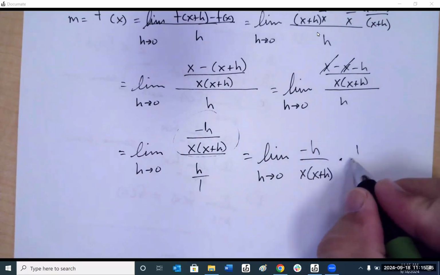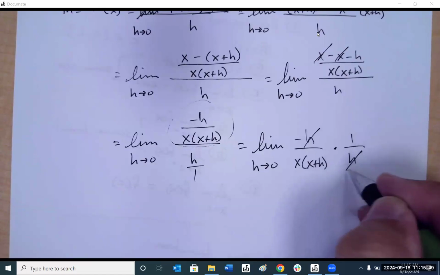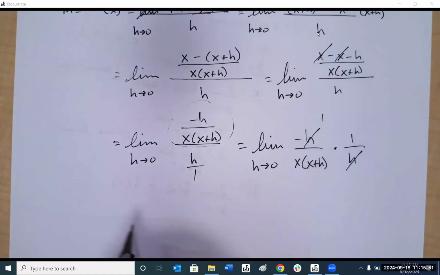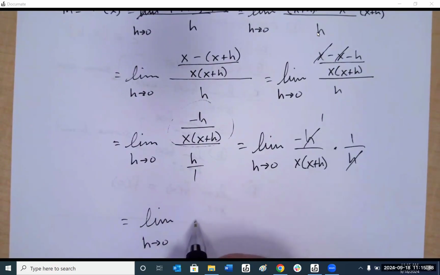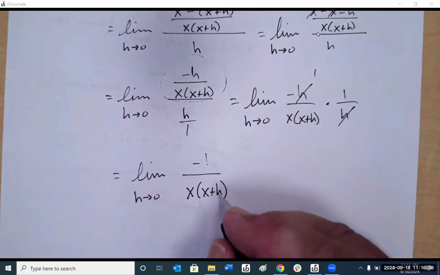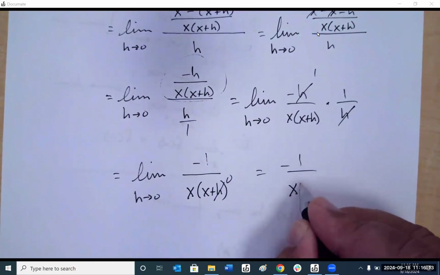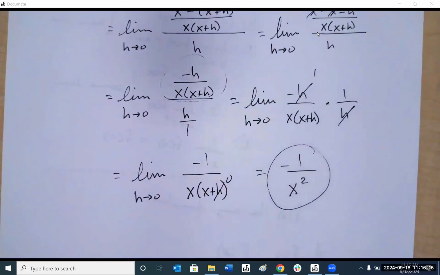Multiply by the flip of the bottom. Cancel. So we have negative 1 over x times x plus h. h goes to 0, so we have negative 1 over x squared. That's the derivative.